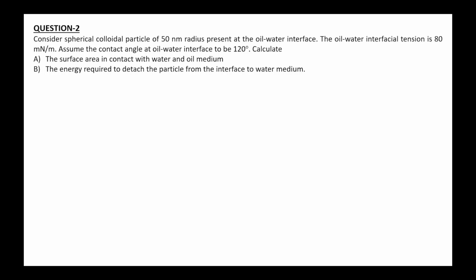For example, if you have a contact angle of less than 90 degrees, the particle will have certain characteristics. If it is greater than 90 degrees, it will have some other characteristics. And if it is 0 degrees or 180 degrees, depending upon the value of the contact angle, you can classify the materials.